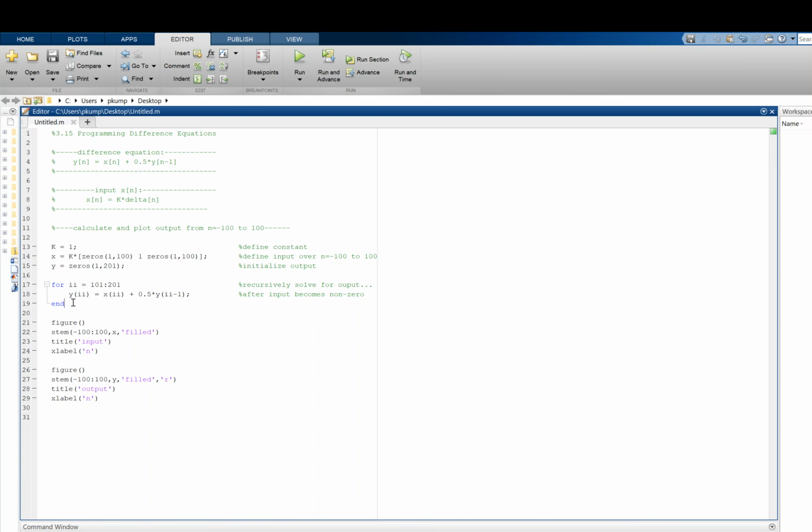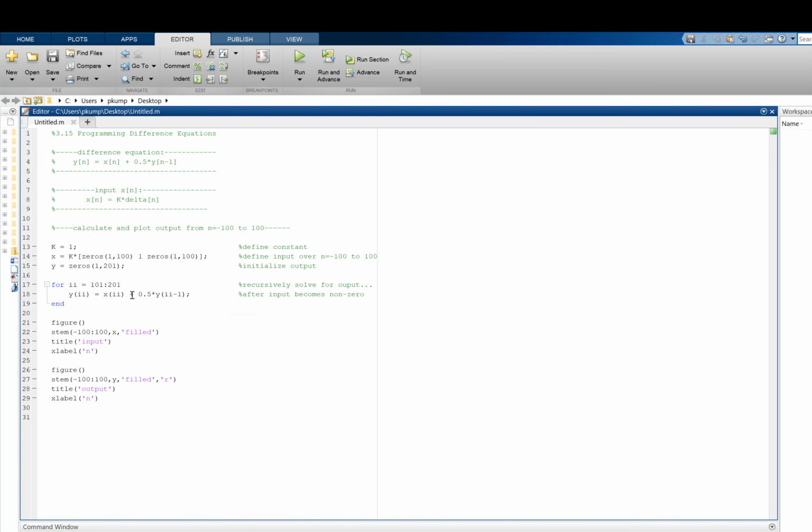Inside my for loop, with II equal to 101, this is saying the 101st sample of y is the 101st sample of x plus 0.5 times the previous sample of y, II minus 1.